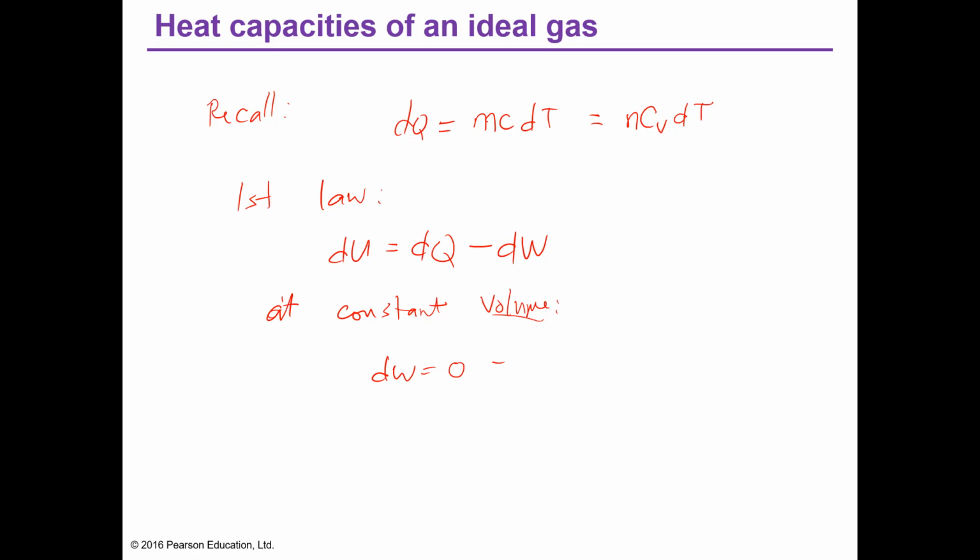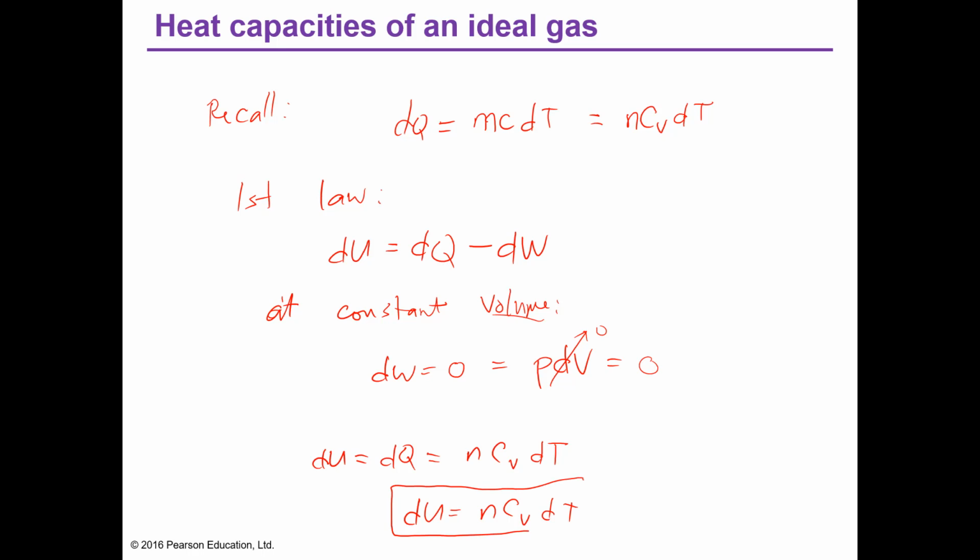Since your work can be written as P dV, and since there is no change in volume, then this will be equal to 0. So the first law now becomes: dU is equal to dQ, which is equal to n CV dT. So therefore, dU, the change of internal energy, can be written as n CV dT.